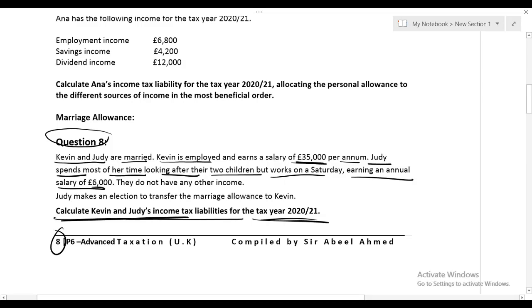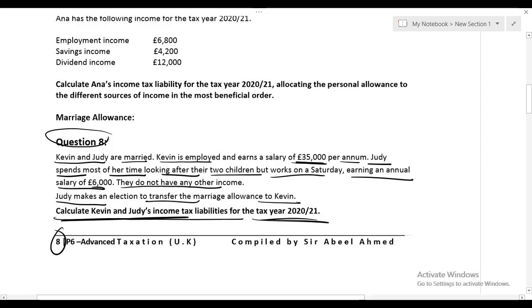Obviously, Jody is not in a position to utilize her personal allowance fully, so it is highly advisable for Jody to transfer 10% of the personal allowance to Kevin. They do not have any other income, so the condition that husband and wife both must be basic rate taxpayers is met in this question. Jody makes an election to transfer the marriage allowance to Kevin.